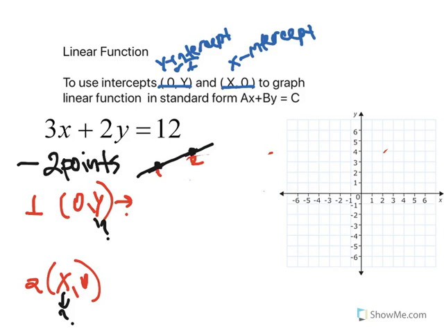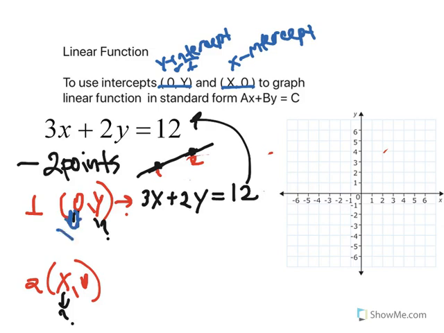So now let's go ahead and copy down this equation: 3x plus 2y equals 12. I just copied from here. So if I were to use my concept of y-intercept, I know that x is equal to 0. Look at this. X is equal to 0.